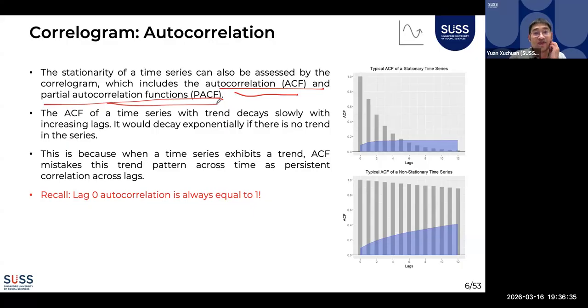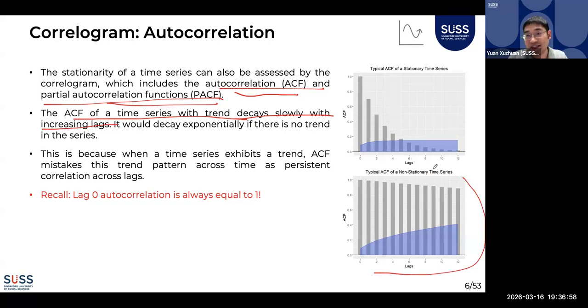Okay, so the autocorrelation of a time series with trend, you can see this is a very important characteristic. The time series with trend, the autocorrelation function will decay slowly with increasing lags.